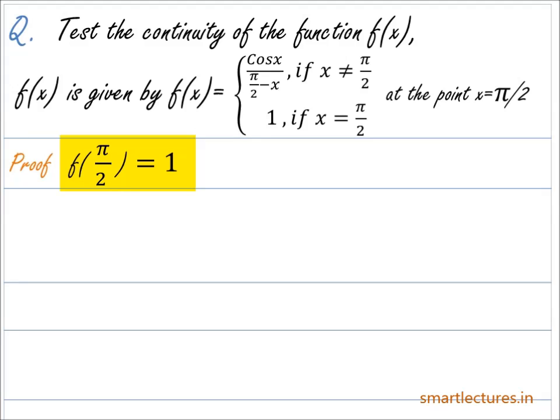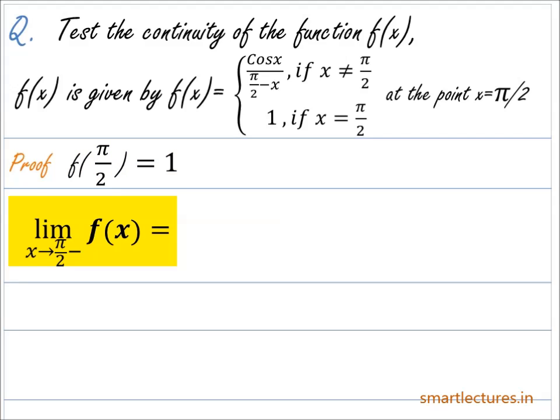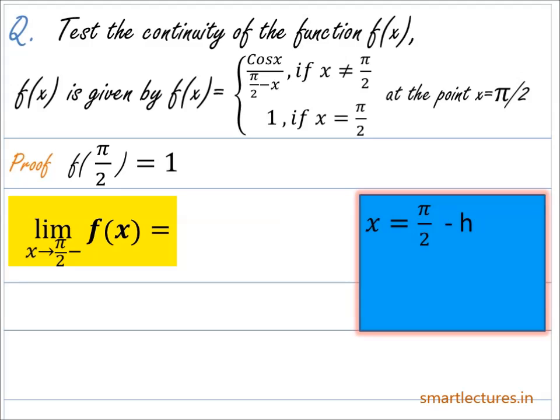And now let's find out the limit of the function f(x) at the point π/2. And for that, let's first find its left hand limit and then the right hand limit. Now the left hand limit at x = π/2 is equal to the limit as x approaches π/2 from the left hand side of f(x). Now suppose x = π/2 − h.